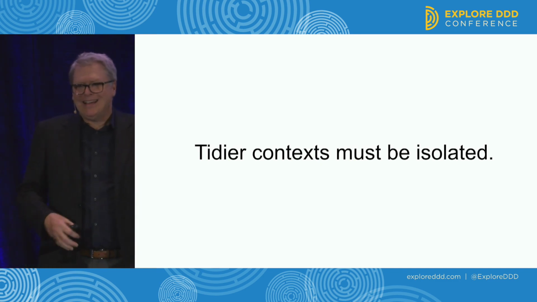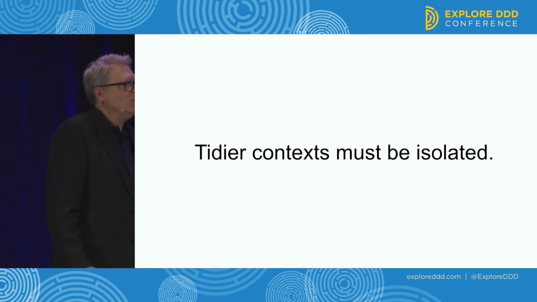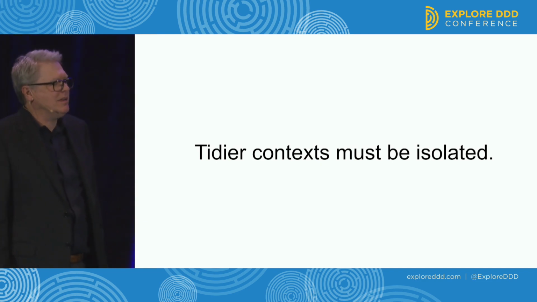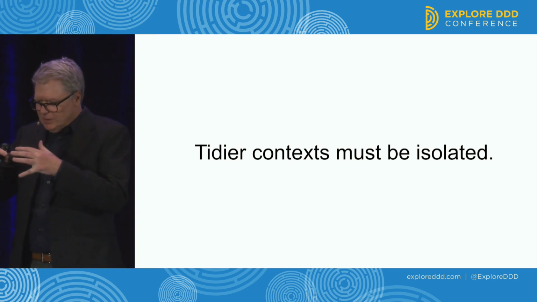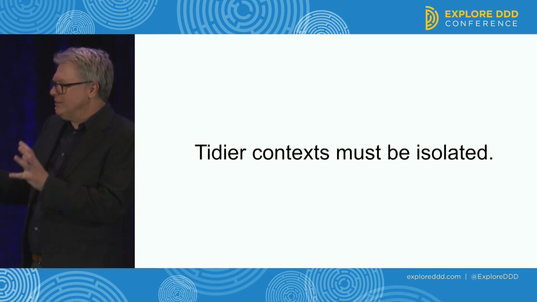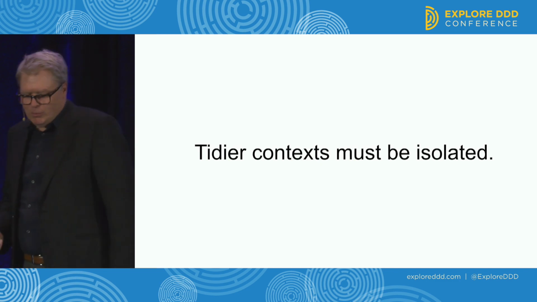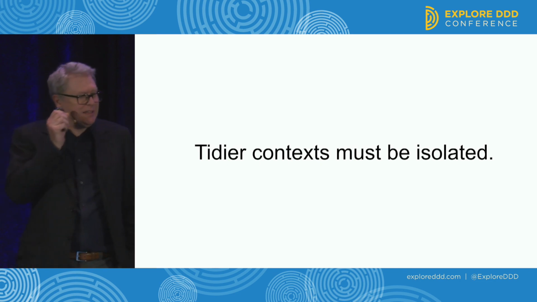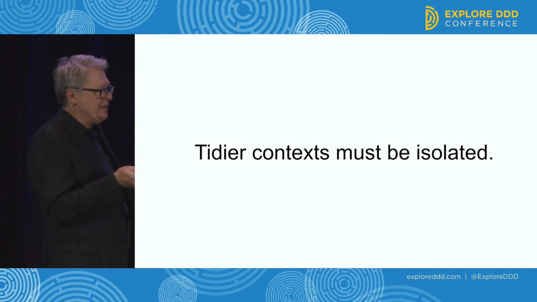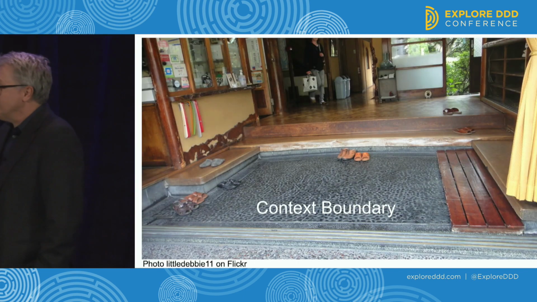But within a generally potentially chaotic environment where not everything is well designed, we can get a lot of benefit from bounded contexts with nice models within them. And if we want that to happen, we need to understand what a bounded context is, and we need to focus on how it can be isolated. And that's where the context boundaries come in.